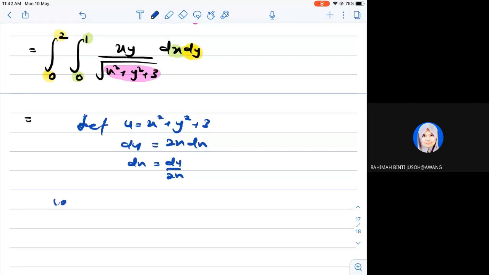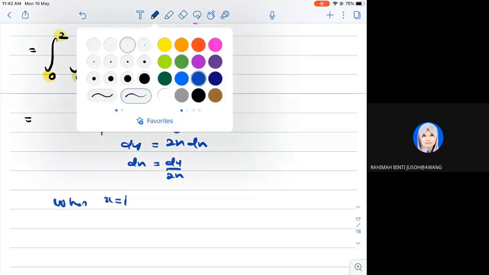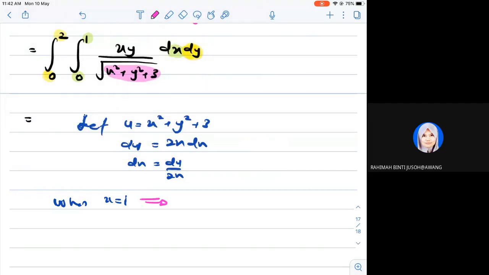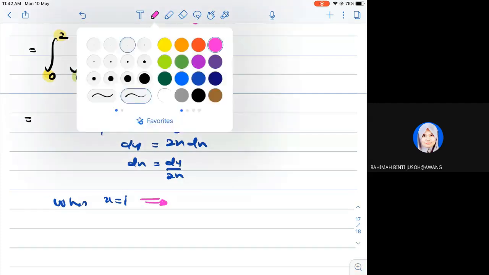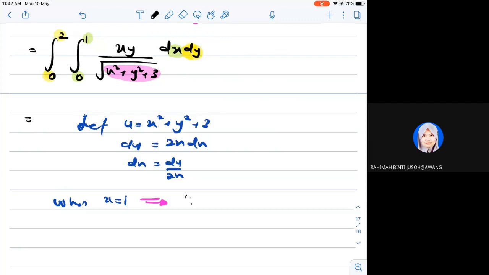When x equals to 1, u sama dengan 1 kuasa 2 tambah y kuasa 2 tambah 3.